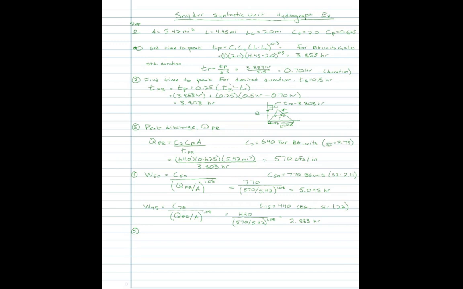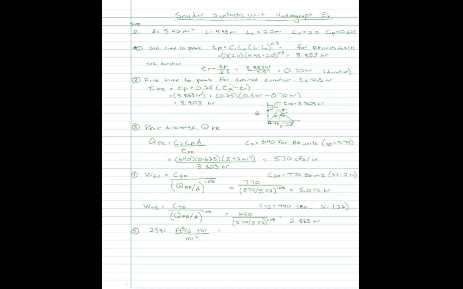In the formula that I'm about to show you, there's this factor of 2581, and the units for that aren't mentioned in the text, but what the units are is cubic feet per second times hours divided by square miles. So that if you multiply this by area in miles, divide by flow rate in CFS, then you'll get hours.